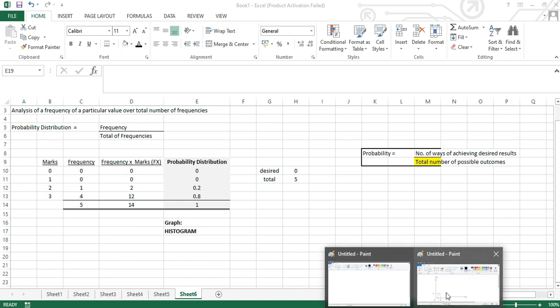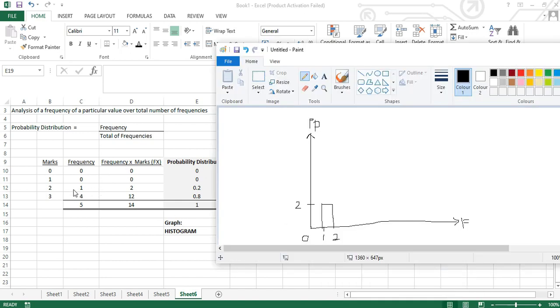Then we have the probability of having 4 marks, 0.8. So for 3 marks they haven't given anything. Straight away 4. So you go until 4, and, oh sorry, this is 0.2, so the probability is 0.8 of having 4 marks. So what do you do actually?